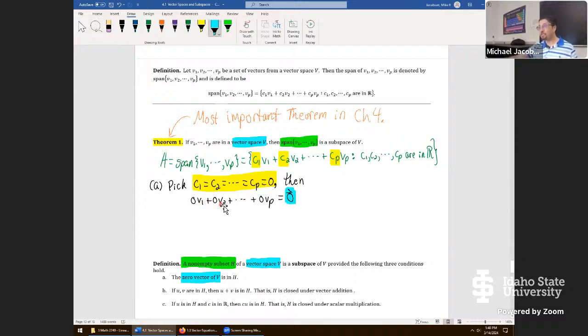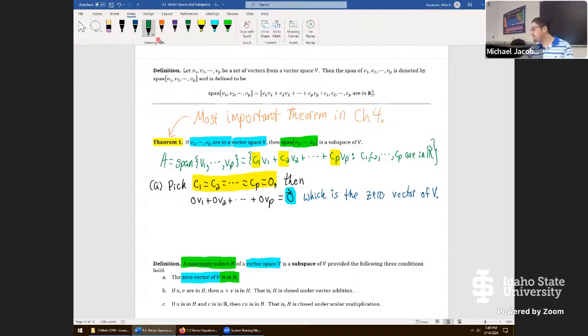If we're multiplying original vectors that came from the vector space V, then that 0 vector is the 0 vector of V. So we could say over here, this equals the 0 vector of V. So we showed the 0 vector of V is indeed in H because we formed a linear combination using those vectors right there.